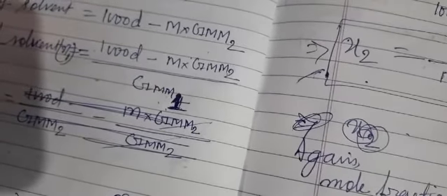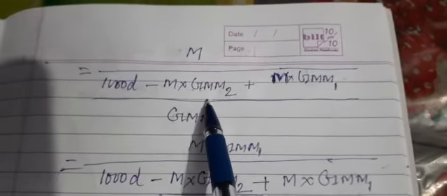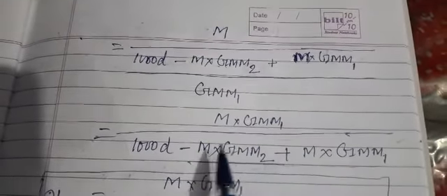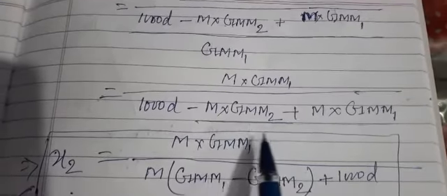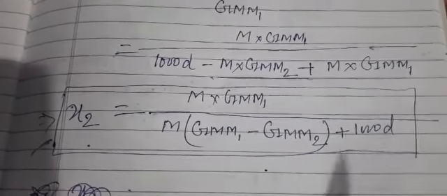Okay, we will make the mathematical calculation like that. So finally we are getting x2 equal to this much.